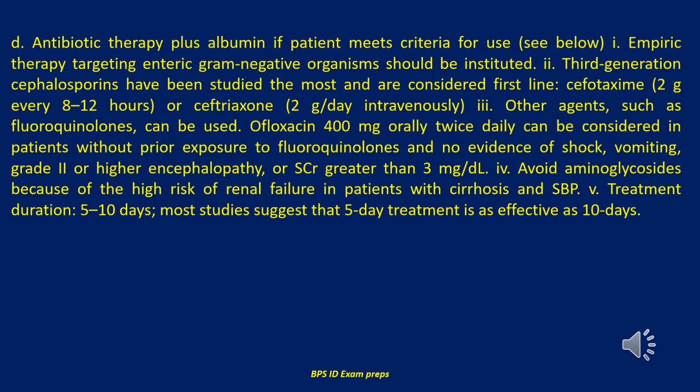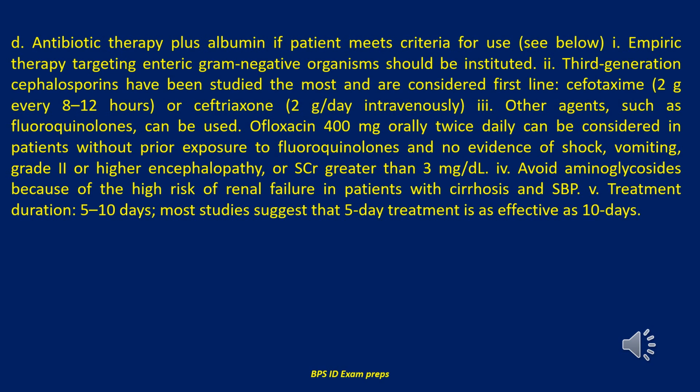1. Empiric therapy targeting enteric gram-negative organisms should be instituted. 2. Third-generation cephalosporins have been studied the most and are considered first-line. They include cefotaxime 2 grams every 8 to 12 hours and ceftriaxone 2 grams per day intravenously. 3.